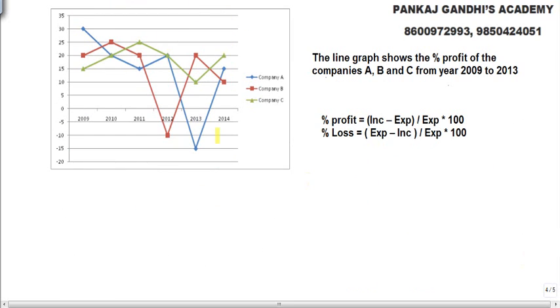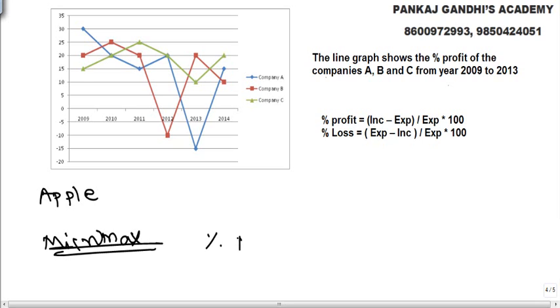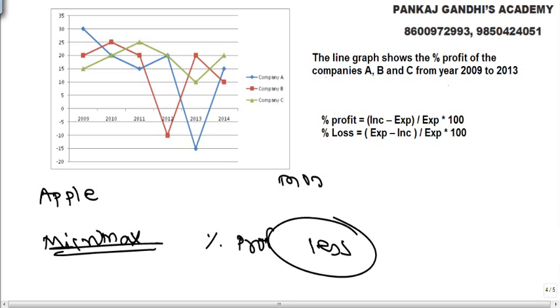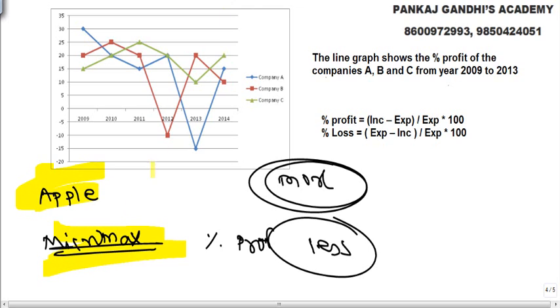Let's say take example of Apple. It may not be real life. Apple and our Micromax. Micromax का percentage profit is less. Apple का is much more. Worldwide तो सबको पता है Apple makes much more profit.